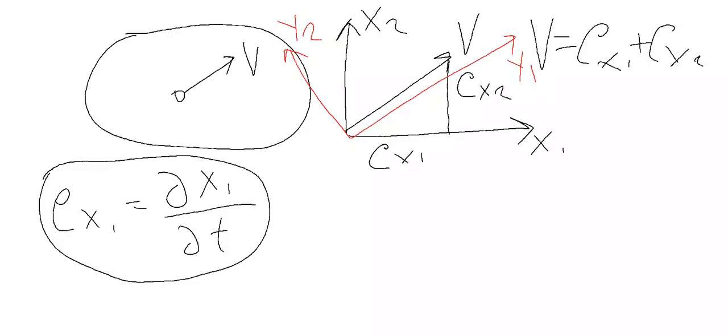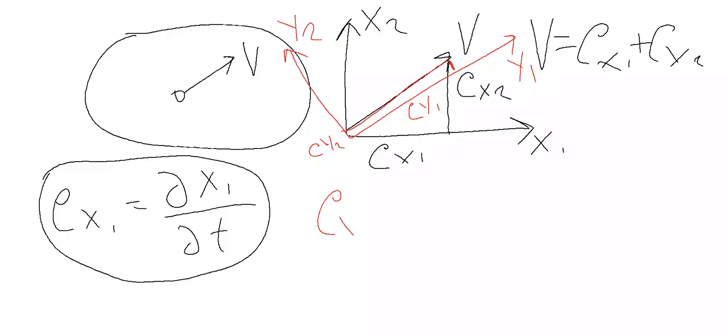Now the components of this vector in the y coordinate system will be different. Here is our cy1 component, and here is cy2 component.